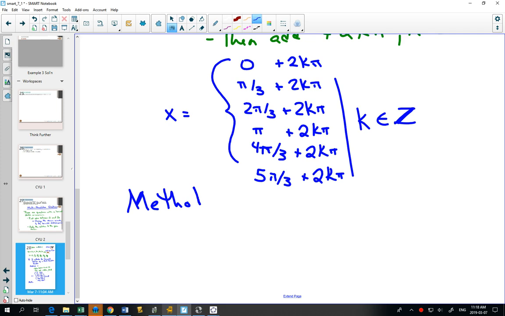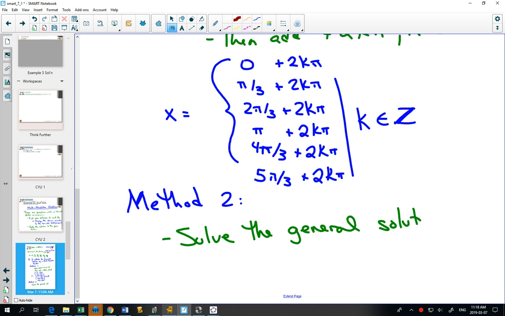Method 2. Solve the general solution first for, I'm going to write kx, and then I'll just write specifically in our example, it's 3x, because inside the sine is 3x.